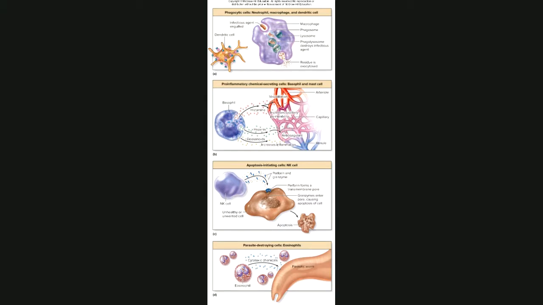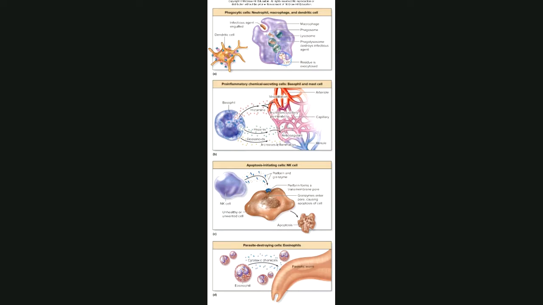They literally will wrap their membrane around the pathogen and then create a vesicle of that pathogen, and that will fuse with the lysosome. The lysosome has digestive enzymes. It will literally cause the pathogen to dissolve, to fall apart. Whatever is left over is then eliminated by the cell into the interstitial fluid. Okay, wherever the cell is, it's going to eliminate the residue.